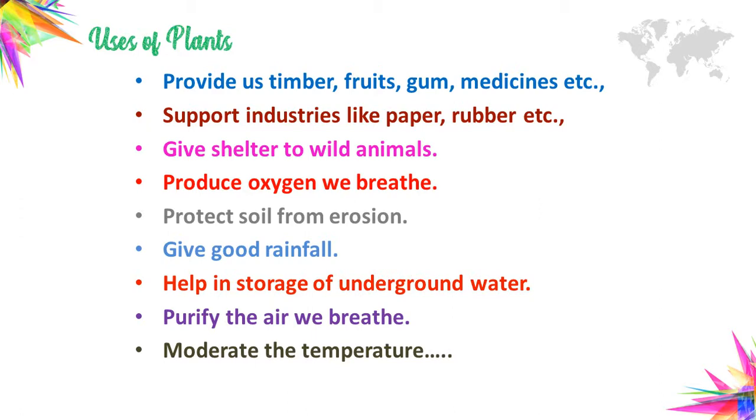These plants also purify the air we breathe. They moderate the temperature, cool the atmosphere and lead to good rainfall. These plants also support many industries like paper, rubber and many medicinal industries.